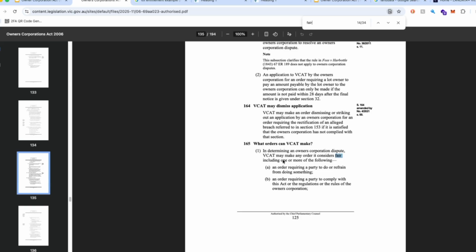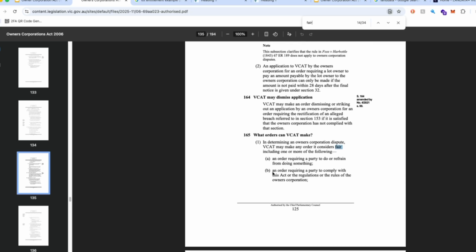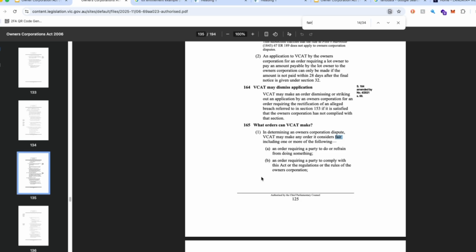So here specifically, in accordance with the OC Act, VCAT can make any orders that it considers fair. For that specific scenario, it's a clear misuse of power situation. 5 people out of the 50 push items through when all the other 45 out of 50 who attended the general meeting on the day don't agree, and they force items through by misusing the voting power they have in hand.